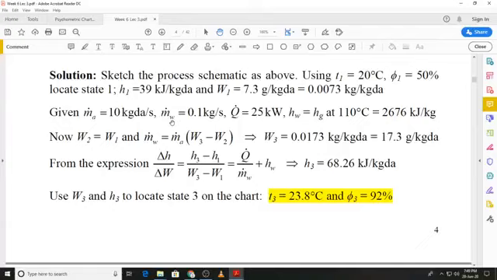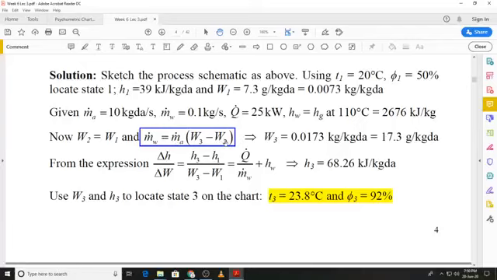The mass balance for water vapor is the equation m dot w is equal to m dot a into W3 minus W2, and remember W2 is the same as W1 because from 1 to 2 we have a sensible heating process during which the humidity ratio remains constant. So in this mass balance equation, m dot w and m dot a are known.